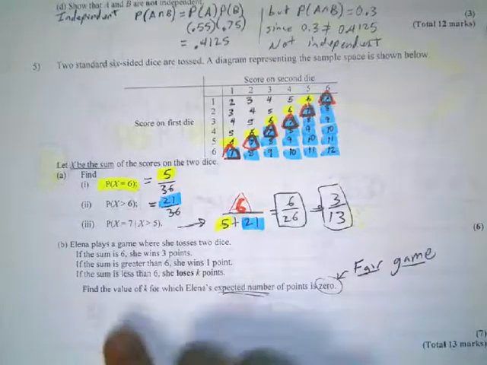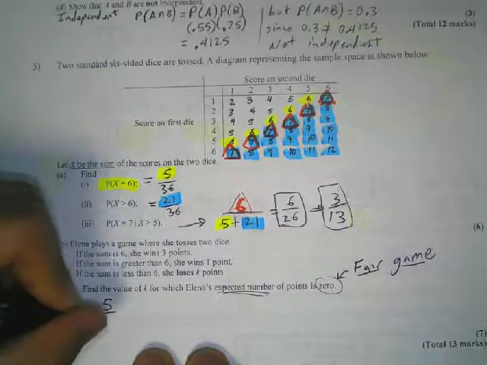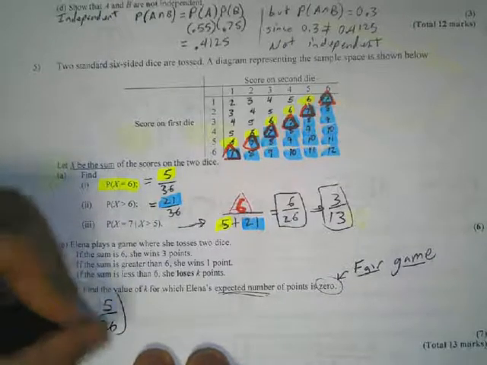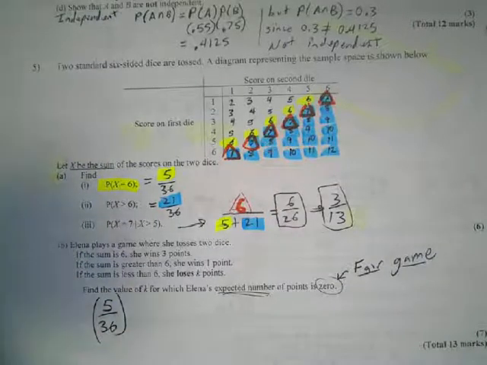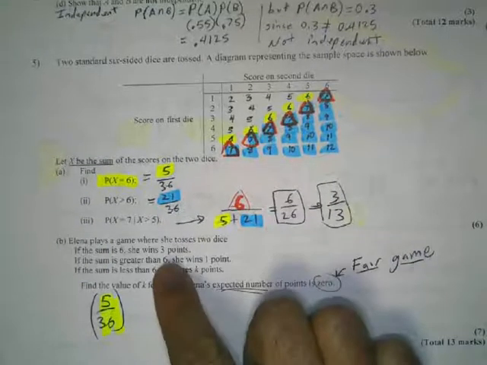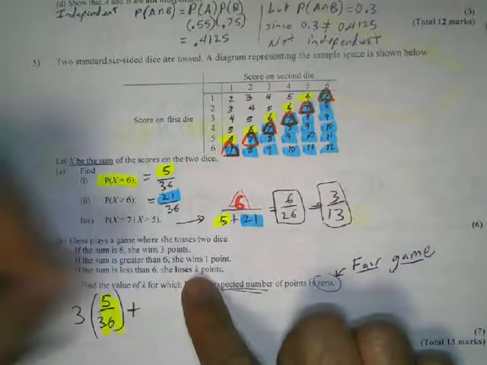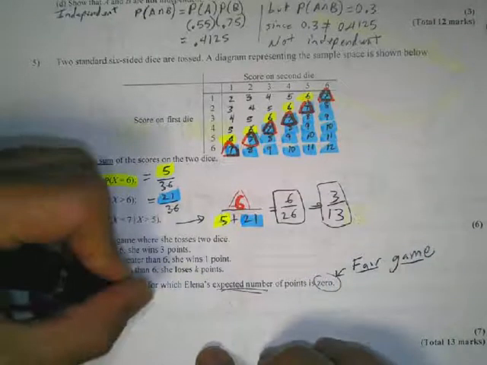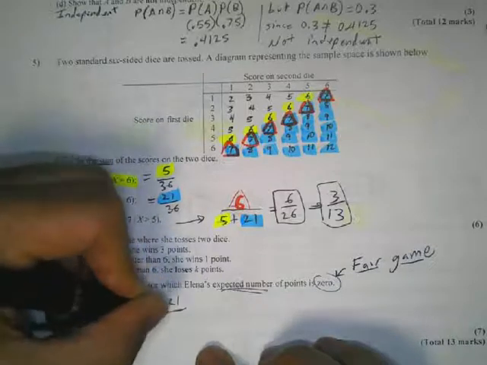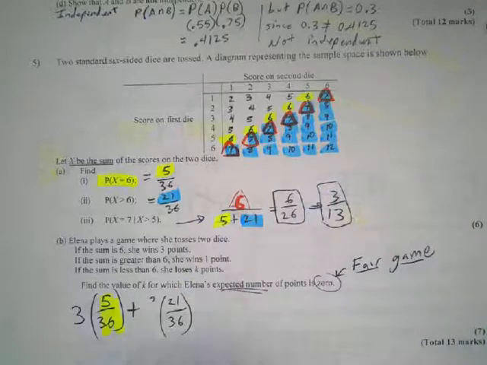So if the sum is 6, so we have 5 out of 36 chance that the sum is going to be 6. And we're going to win 3 points. Greater than 6 is the blue ones here. We have a 21 out of 36 chance that it's going to be greater than 6, and we're going to win 1 point.